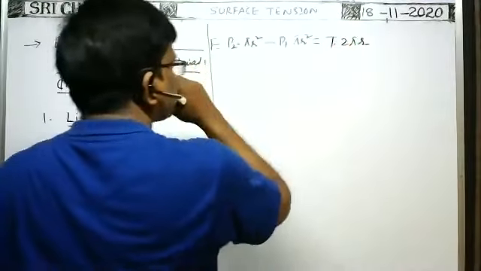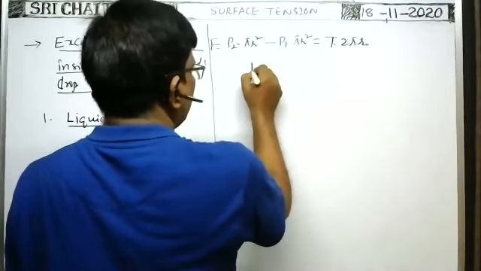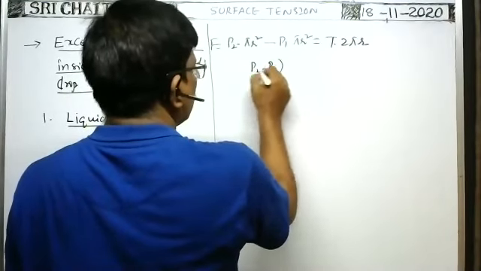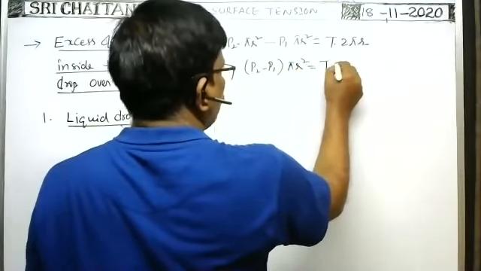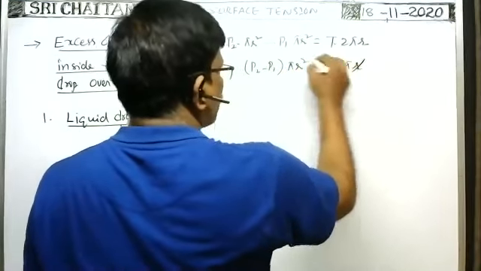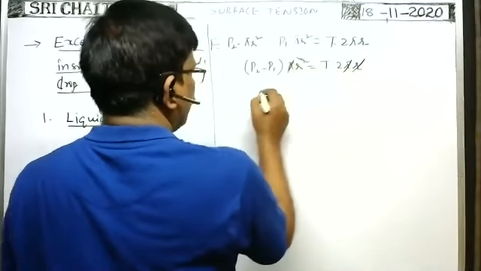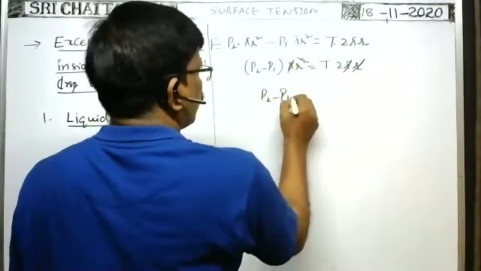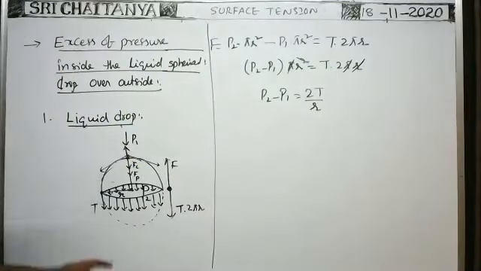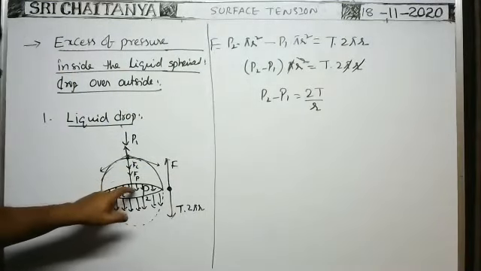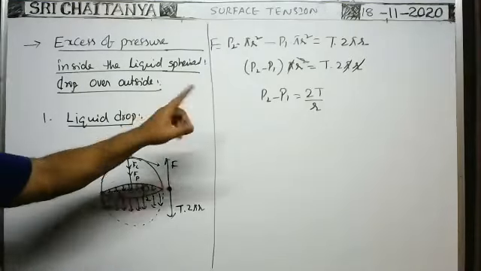Now you can take common: P2 minus P1 into pi r square is equal to T into 2 pi r. r square cancels, pi cancels. So P2 minus P1 is equal to 2T by r, where P2 minus P1 means the difference between the pressure inside the liquid drop and outside. That is the excess of pressure.